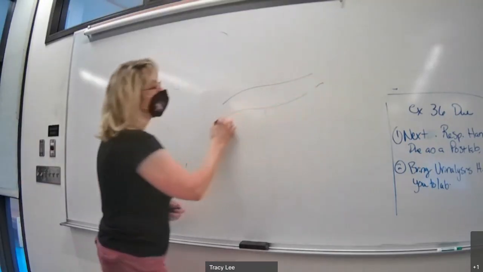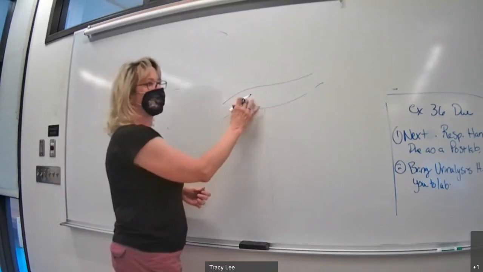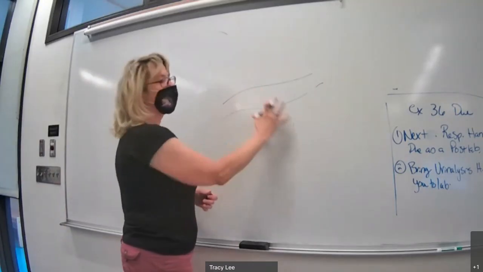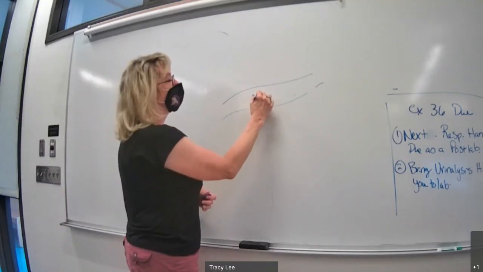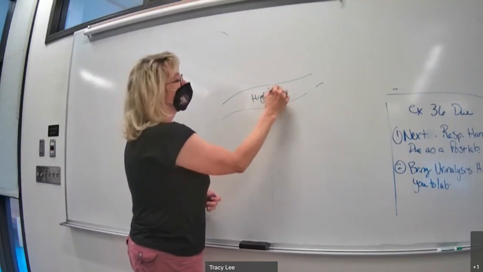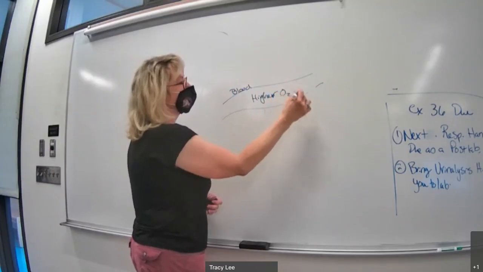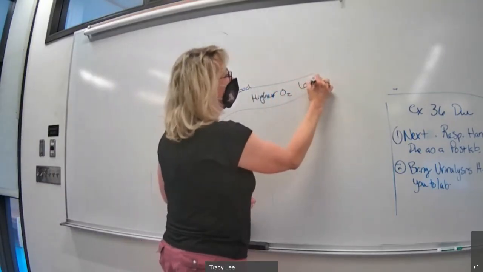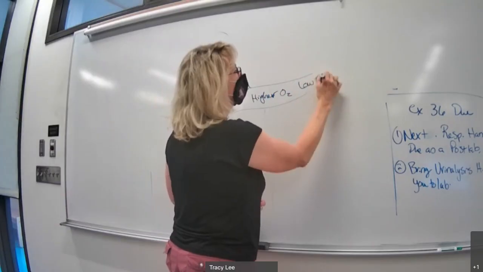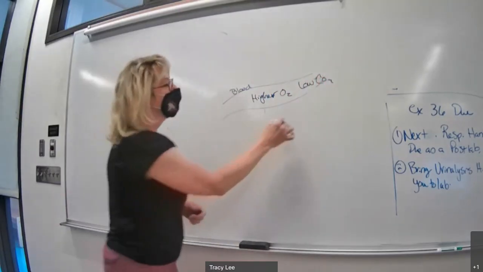So when we get into internal respiration, as we get down to the tissues, we're going to have, this is my bloodstream here, a higher O2 content and a low CO2 content. Why? Because we're carrying the oxygen that came from the lungs.